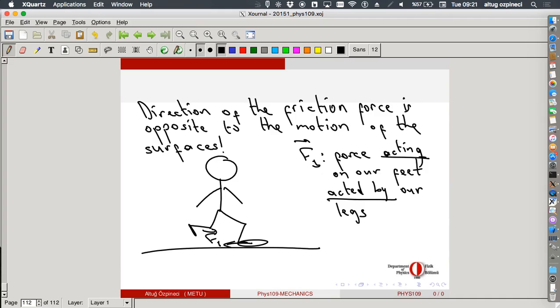So if there is a force, then something is exerting that force on something else. So there is F1. F1 is pushing our feet in the backward direction. If we are trying to accelerate in the plus x direction, this F1 is pushing our feet backward. So the friction force acting on our feet will be pushing it in the forward direction.